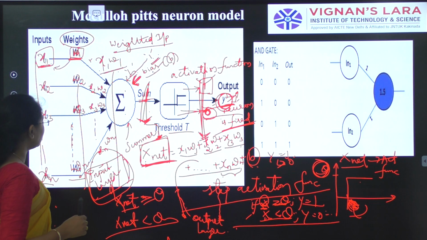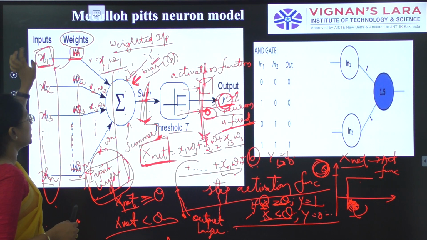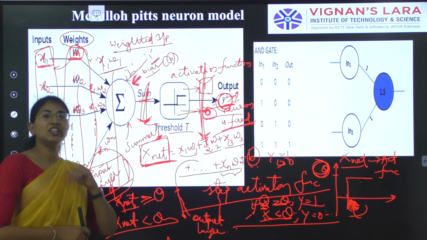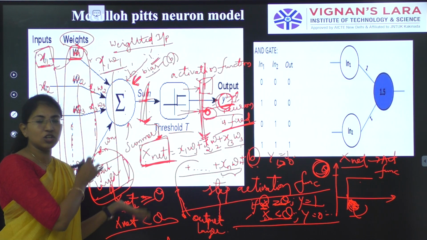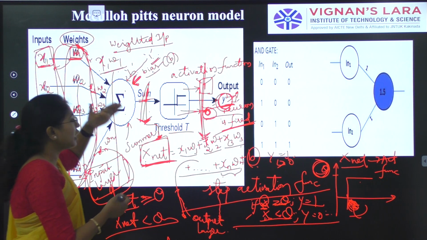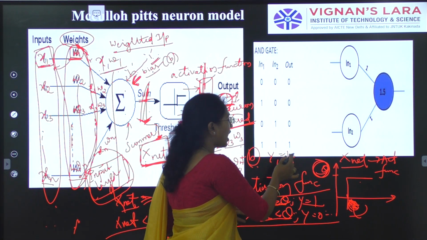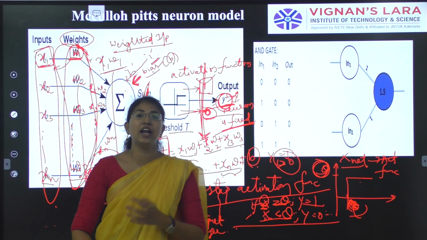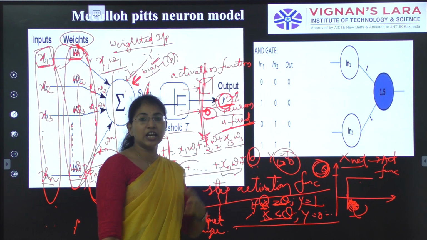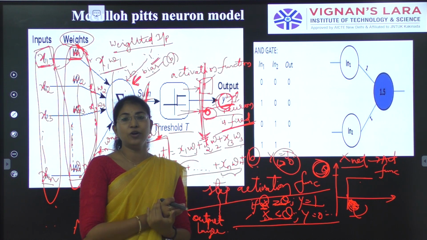Initially, we will get the inputs from other neurons and we will assume these weights. The weights are in general assumed from 0 to 1. So based upon this assumption, we may get the required output value or we may not. Sometimes we may not get the required value. Now what will we do?